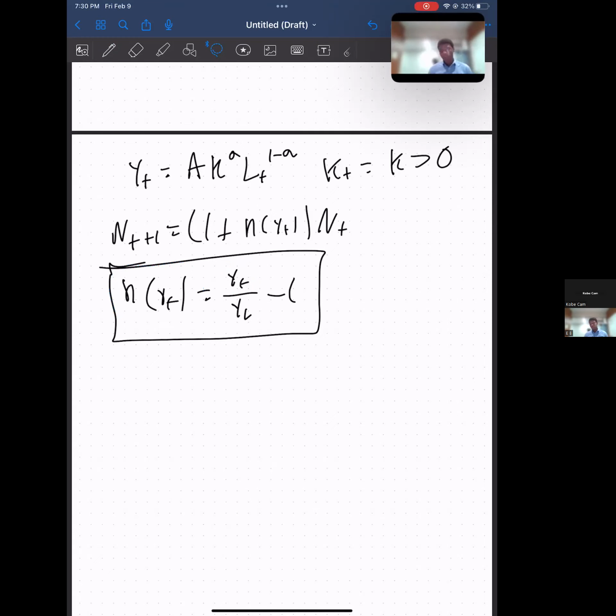That makes sense. Maybe when you have more resources to spread around, you have more kids. And there's also this level right here, y_L. This is the subsistence level of income. It's small, but it's also greater than 0. Okay, so let's get started on this model.